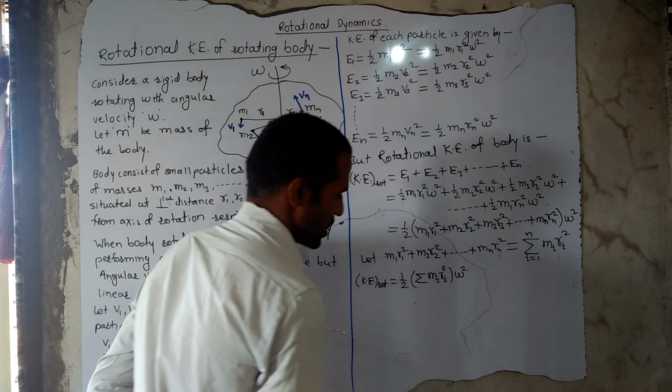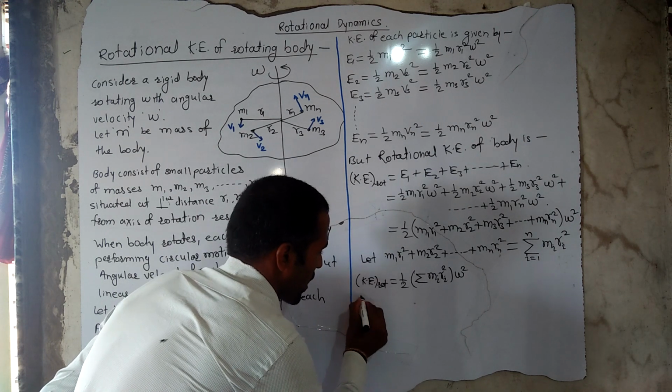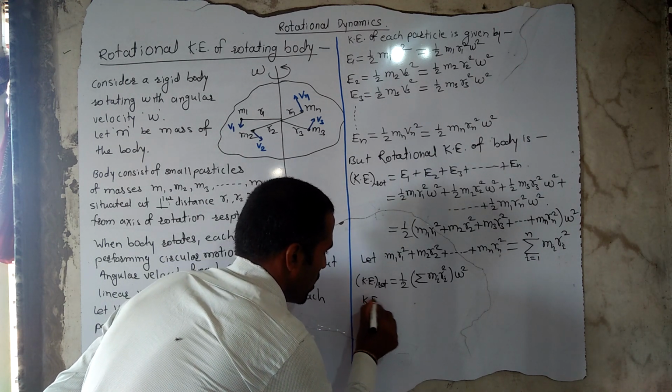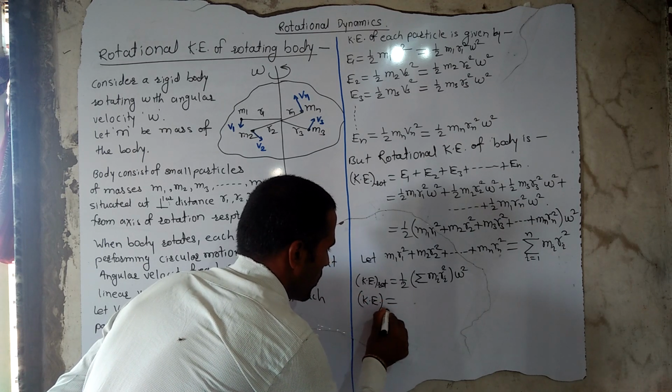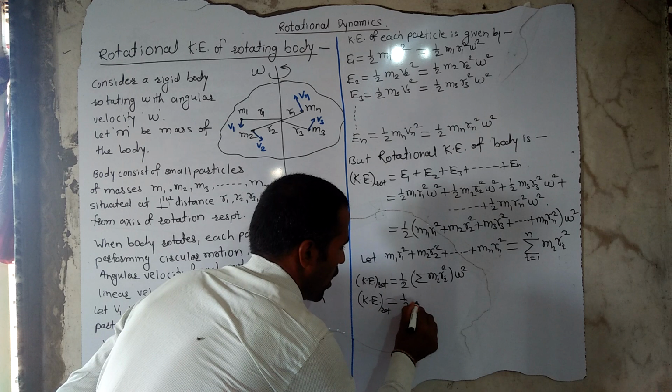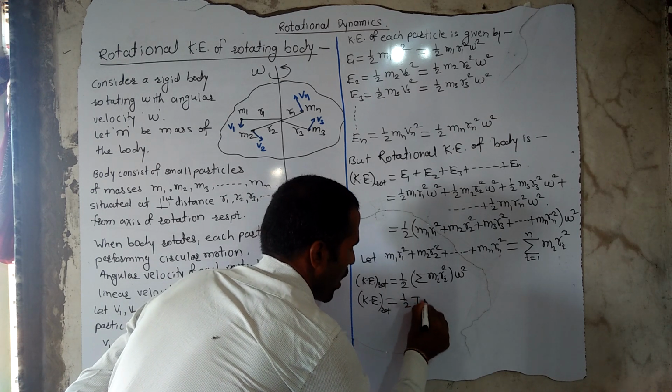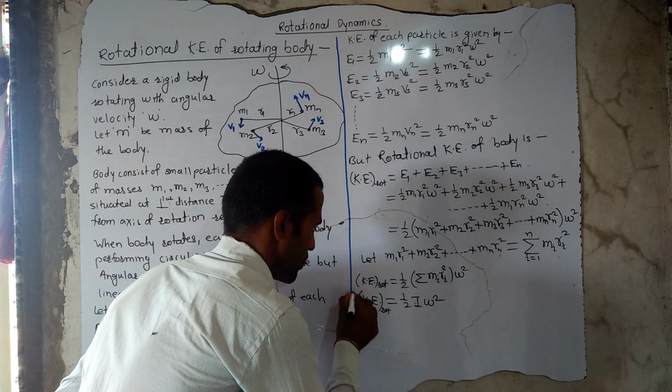Now instead of this summation we can write here, the kinetic energy of a rotating body is equal to half I omega square.